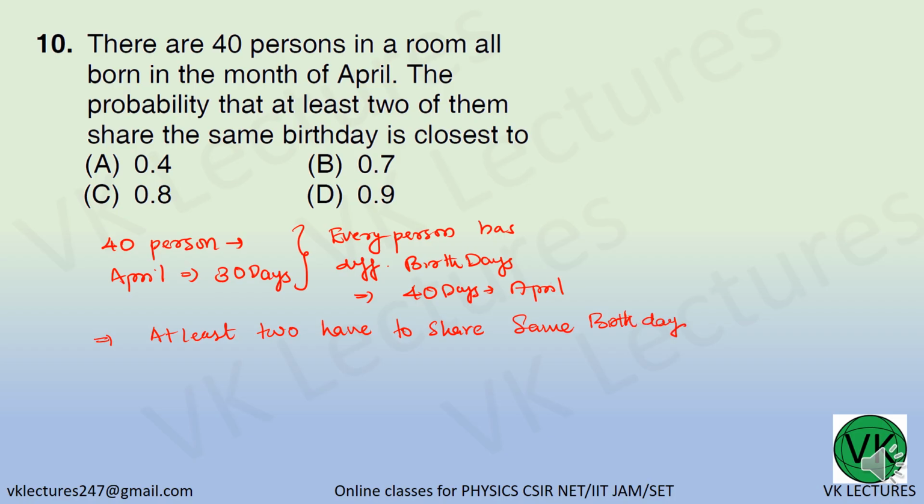Okay, so probability is equal to 1. Four options are given for this question, and closest to 0.9 is a wrong option. Probability equal to 1 is the correct answer.